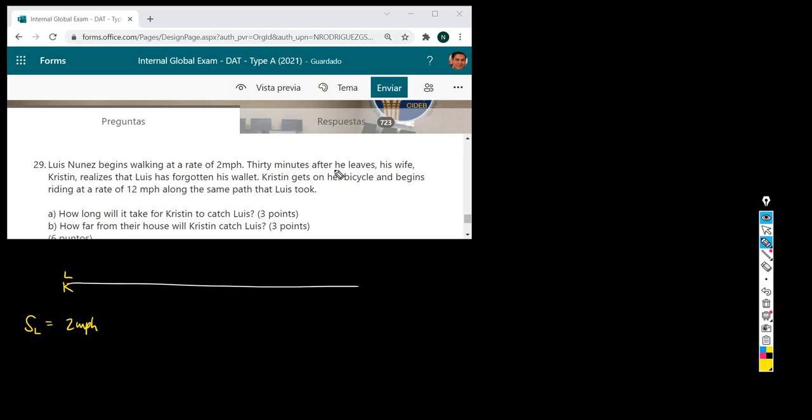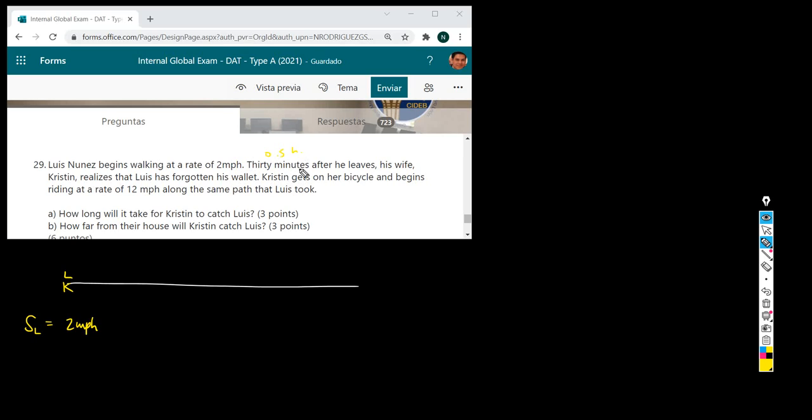And then 30 minutes later, or 0.5 hours later, remember we have to make the conversion from minutes to hours because I already have hours in this quantity, and I have to avoid mixing units. If I have minutes and hours, let's convert everything to hours or everything to minutes.